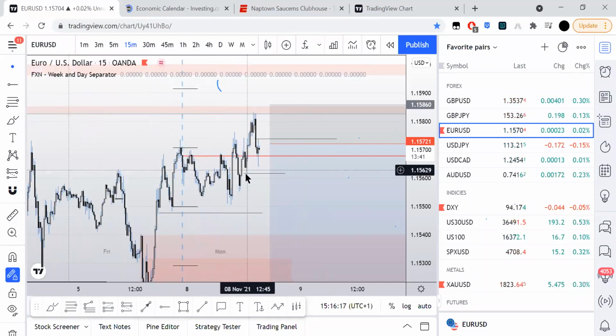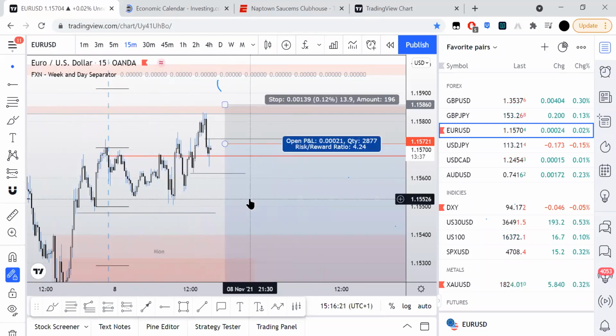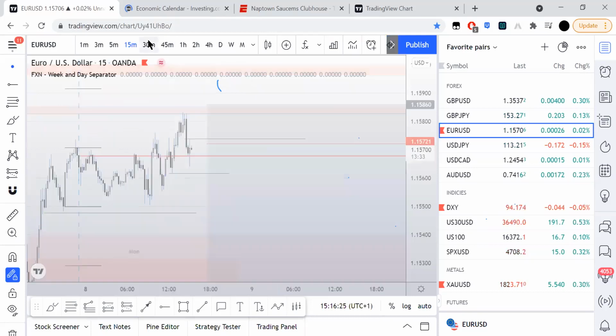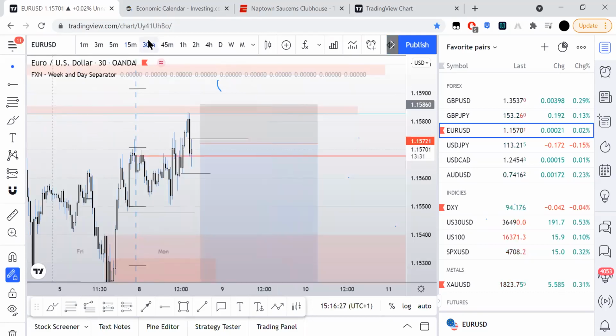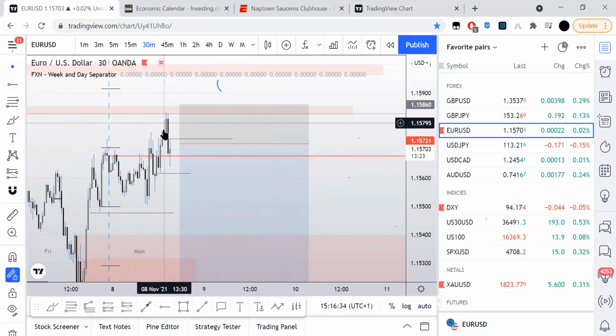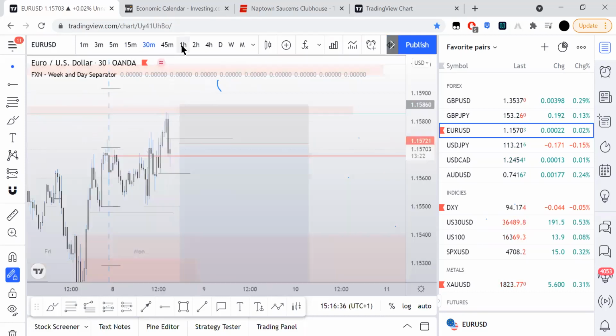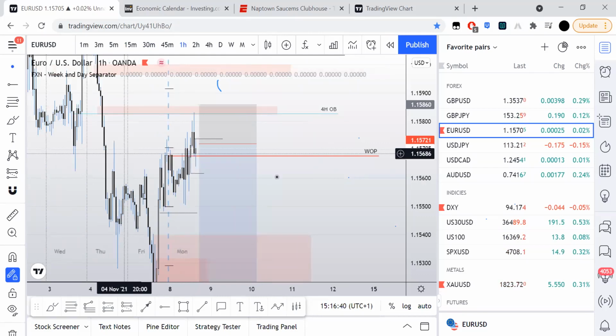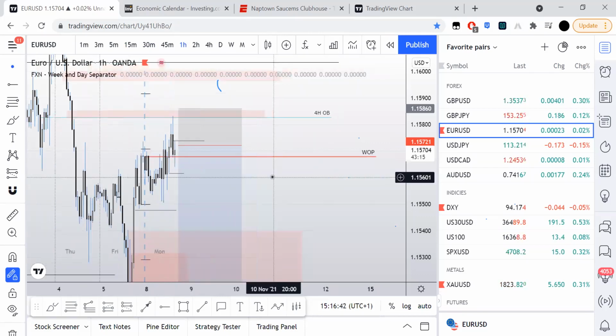I'm waiting for this to break, and then a retracement, maybe to come back to this bearish order block on a 30-minute. But we might not get that, like I said, based off of this.